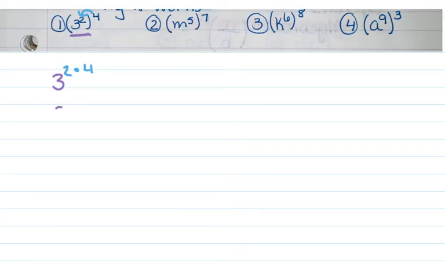So I get 3 to the 8. And we can actually calculate that when it's a number. So 3 raised to the 8 means 3 times 3 times 3 and so on. We would get 6,561, and you can do that in your calculator.